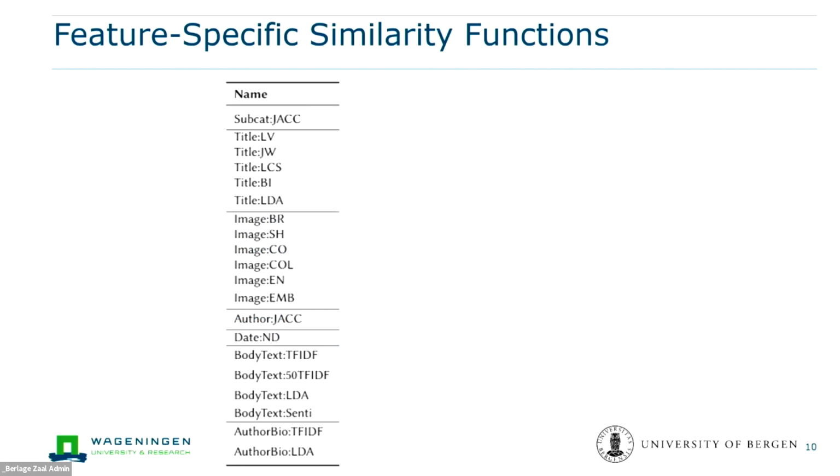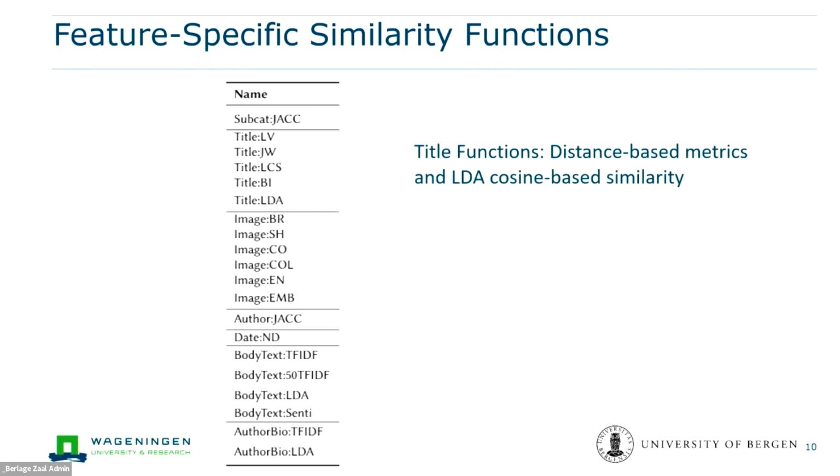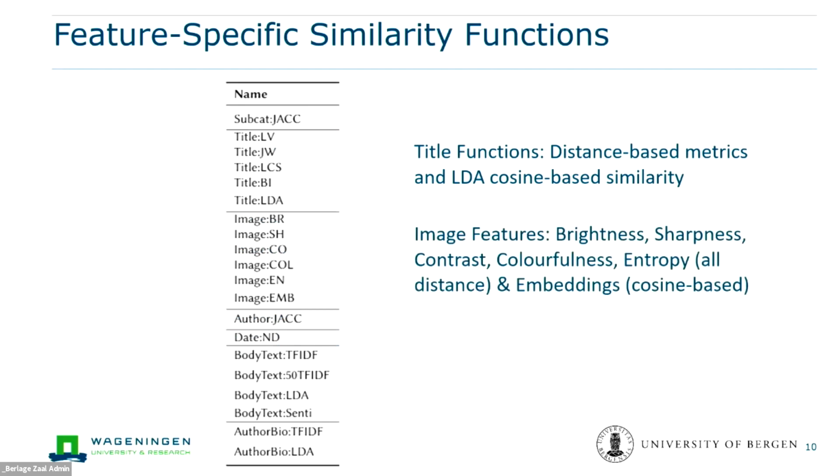These were the feature-specific similarity functions. All the details are in the paper, but we had title functions. At the top you can see something based on a subcategory of a news article. We engineered the low-level image features, so brightness, sharpness, contrast, colorfulness, entropy, and image embeddings.